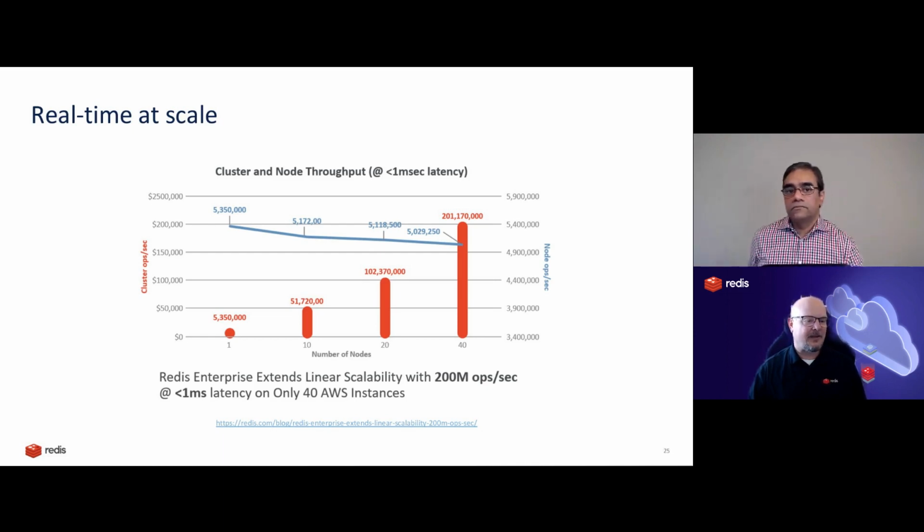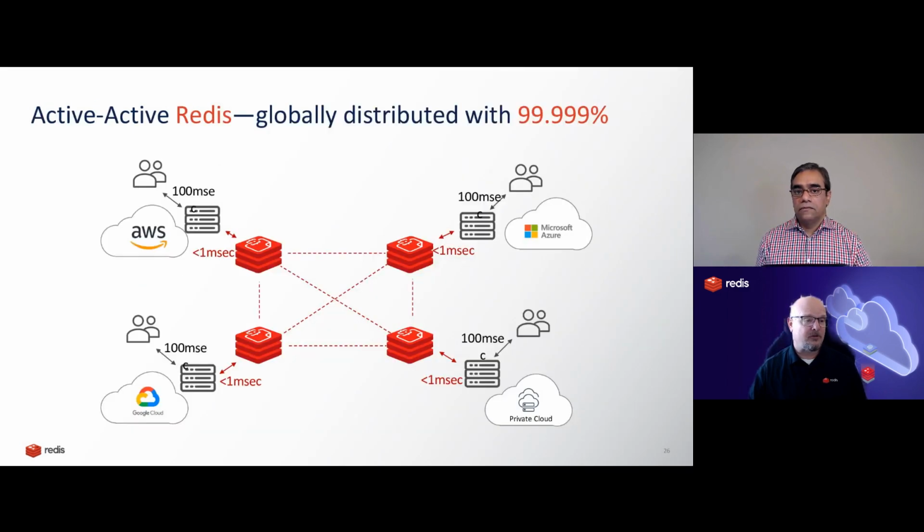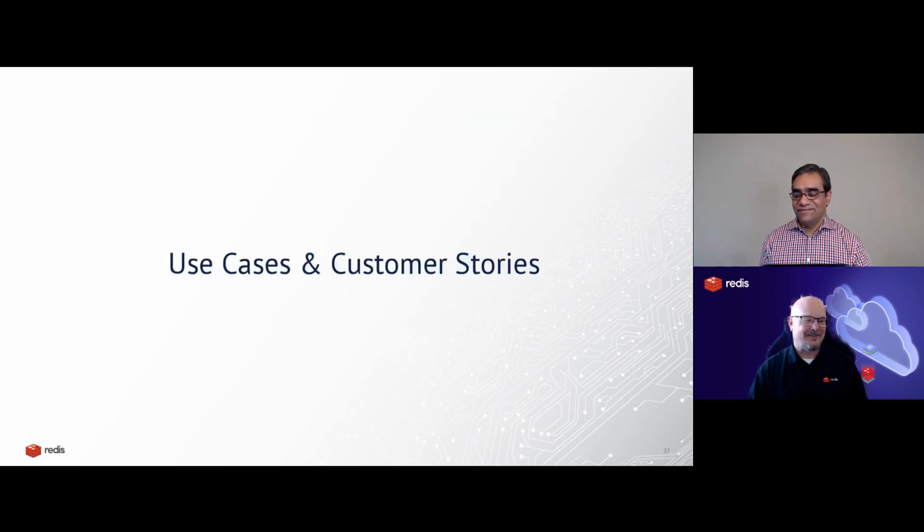We just stopped the test. But this goes to show that Redis Enterprise is scalable. You can scale the individual nodes up or scale out with additional nodes. And then, of course, this shows active-active, but more importantly, it shows the potential for hybrid cloud and hybrid deployment options. All right, I'm going to pass it back to you now, Prasanna.